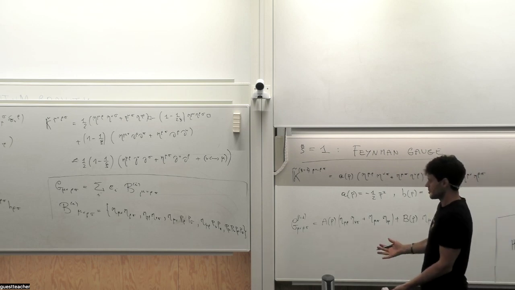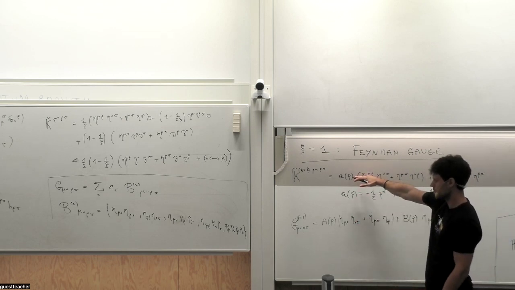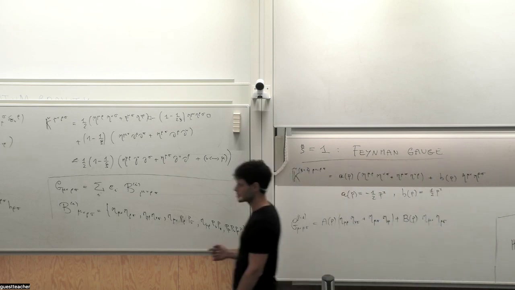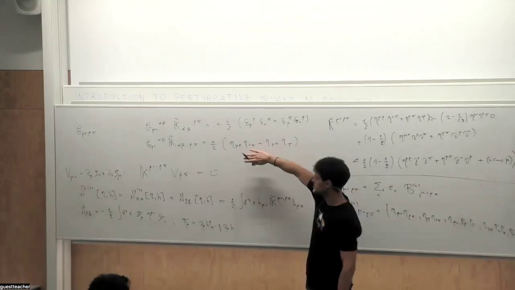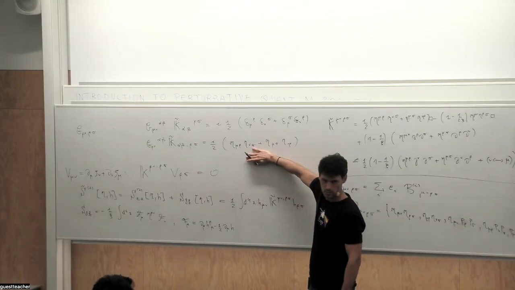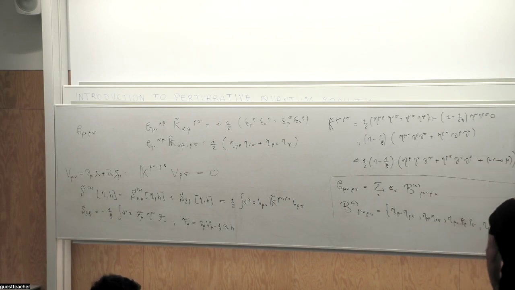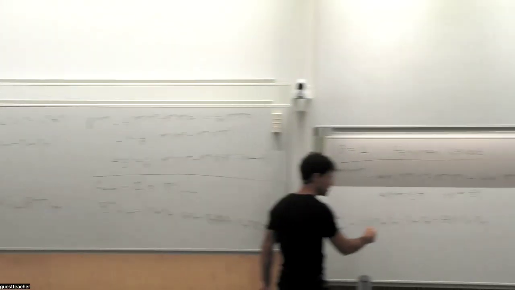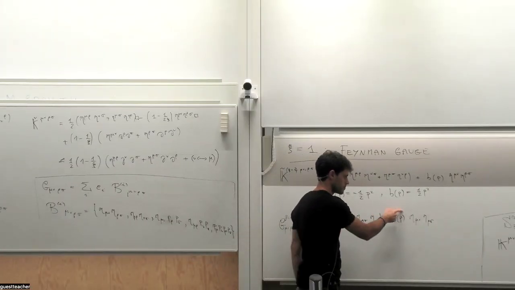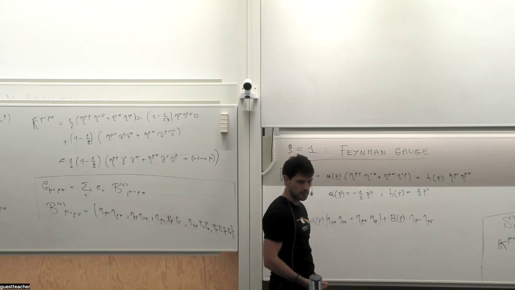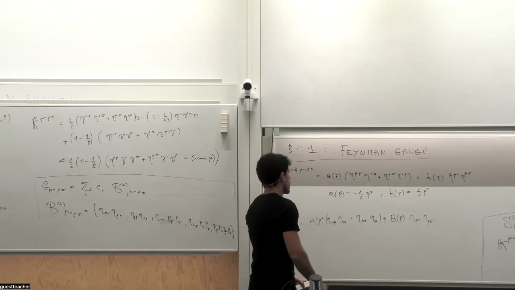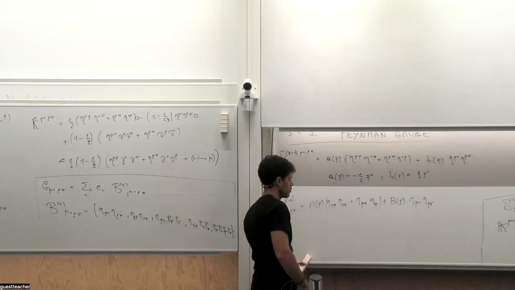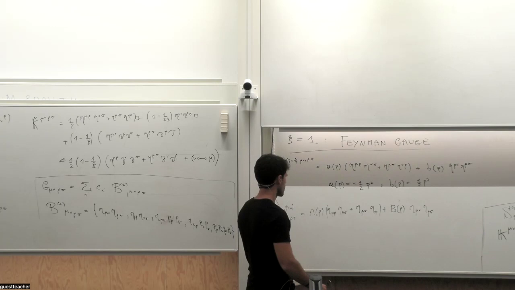And indeed, what you have to do now is take this kinetic operator, take this propagator ansatz, plug it in this equation, impose that it is equal to the identity, and derive what the coefficients capital A of P and capital B of P are. Capital A, capital B, because we know already which are the small a, small b. And if we do that, what we will get is the following.